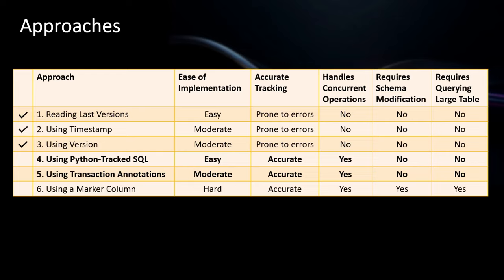The first one is all about reading the last version. What we are going to do is get the data table updated and then read the data related to the last version from the log. You know that when it comes to a data table, we have Parquet files. Whenever you make a change to your data, it adds a Parquet file. In addition to that, it maintains log files.